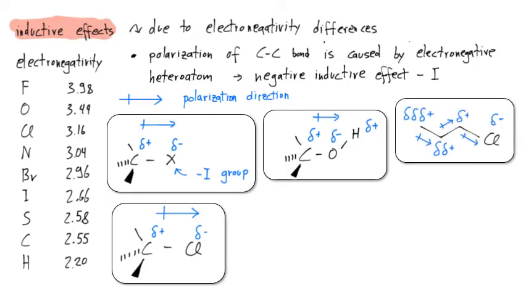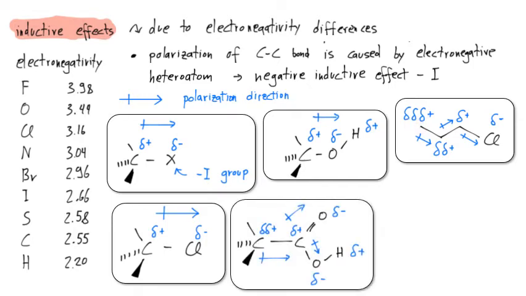This inductive effect, for instance here for chlorine, is not only on the next carbon atom, but also on the one following and even afterwards, but it weakens over the distance. We indicate this with these deltas. The more deltas you have, the lesser is the partial positive charge. Here's a more complicated situation with two electronegative oxygens.